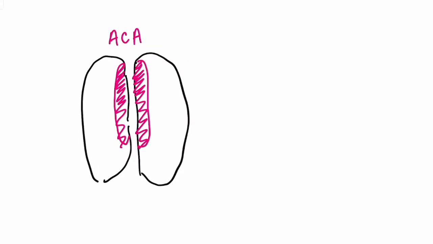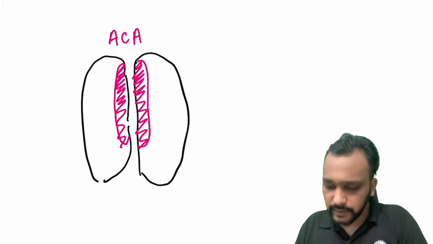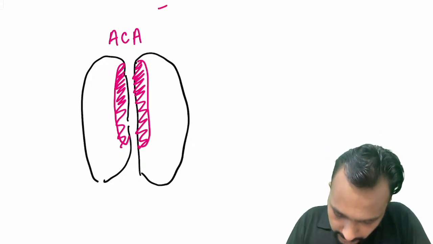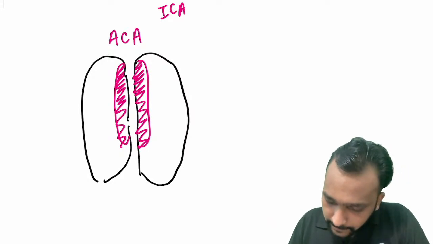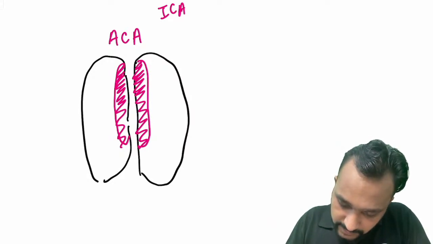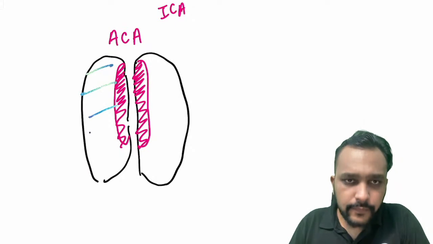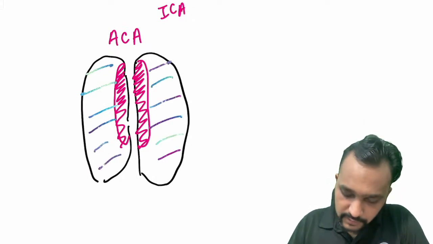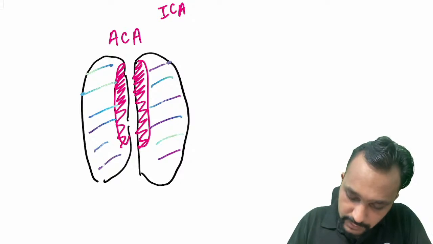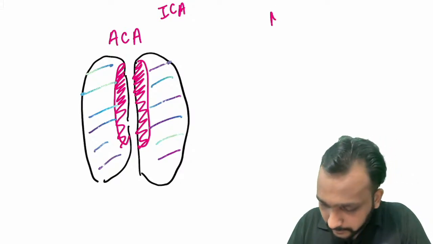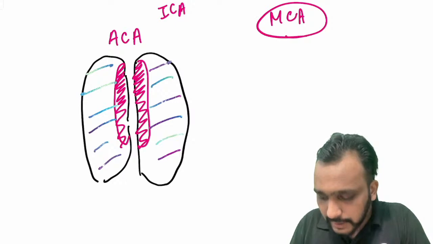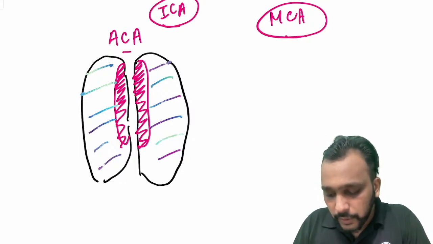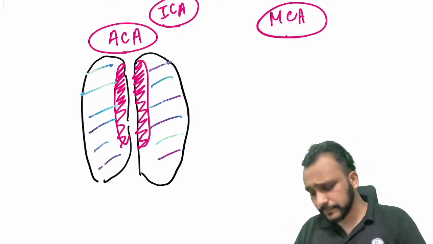This anterior cerebral artery is a branch of the ICA, right? But if there is an infarct involving this area, this will be due to involvement of the MCA, which is again a branch of the internal carotid artery, right?